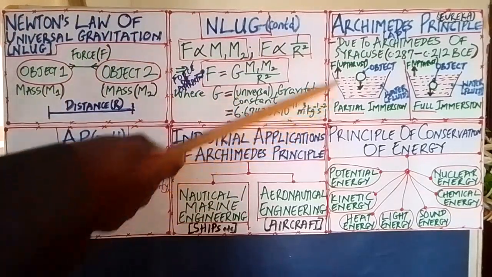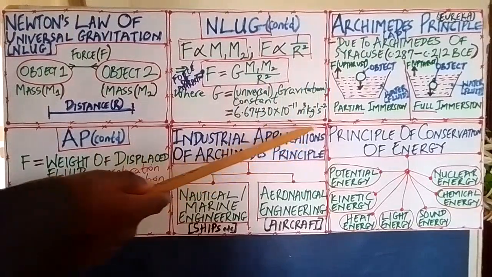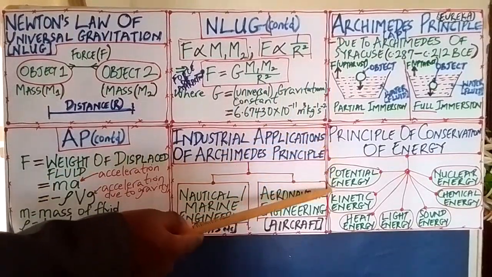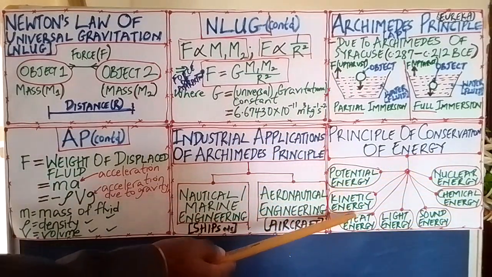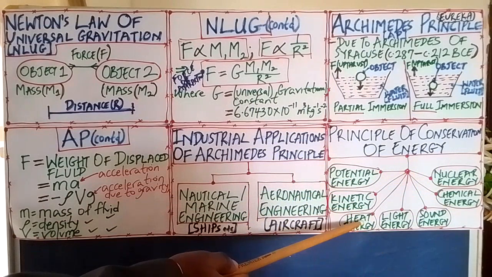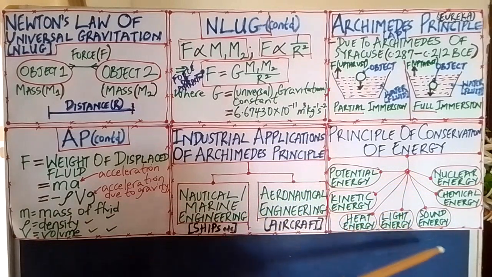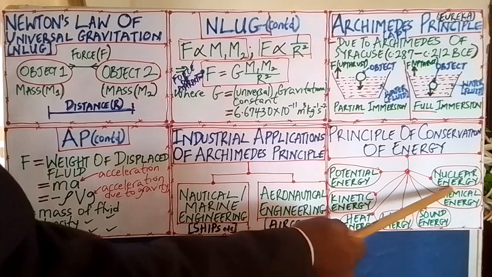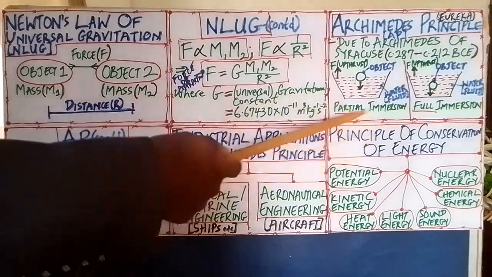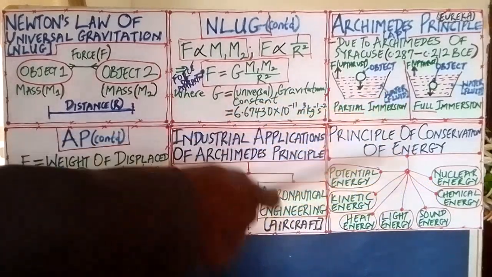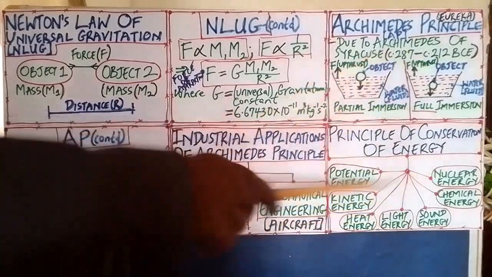So if I have a system that involves all these forms of energy, potential energy, kinetic energy, heat energy, light energy, sound energy, chemical energy, and nuclear energy, and we know that the system involves all this energy, the total sum is constant.